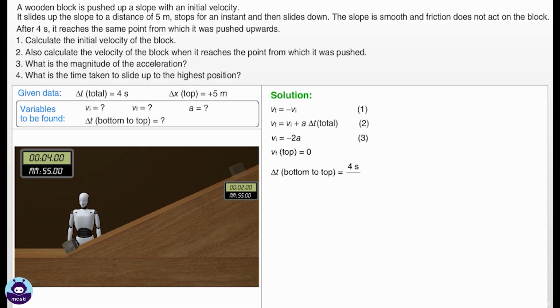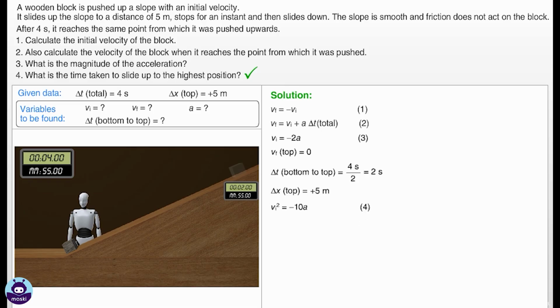The time interval for this motion is 2 seconds, due to time symmetry. We are also given the displacement from the initial position to the top, which is 5 meters. We use the equation of motion that relates the initial velocity, the final velocity, and the displacement. V final squared equals V initial squared plus 2a delta x. Substituting the values, we get V initial squared equals negative 10a.